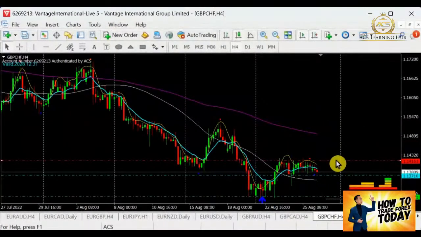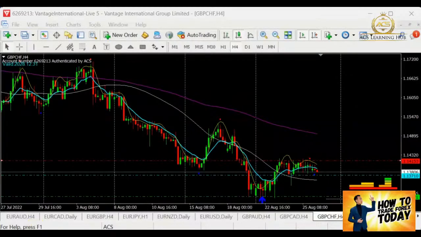The resistance still stands here. After breaking this level, then probably we can sell down for about 60 pips. So I guess pound franc today shall be in my list, so that we can take note to sell today. Buyers have to stay away.